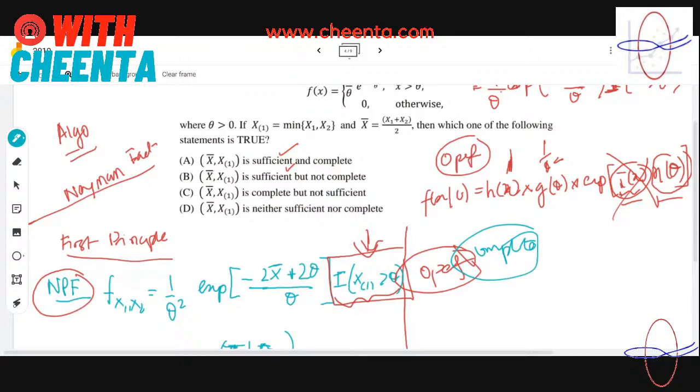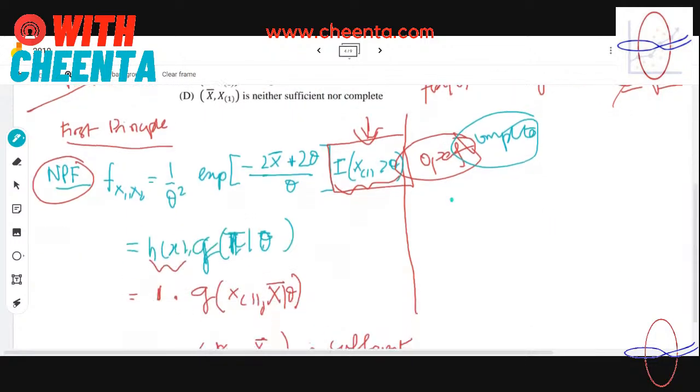So you have to show that the definition of completeness is that if expectation of g of t is equal to 0 for all theta, then g of t is equal to 0 with probability 1.